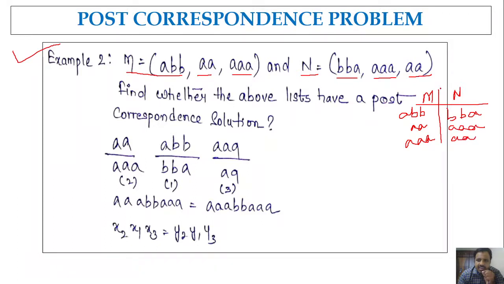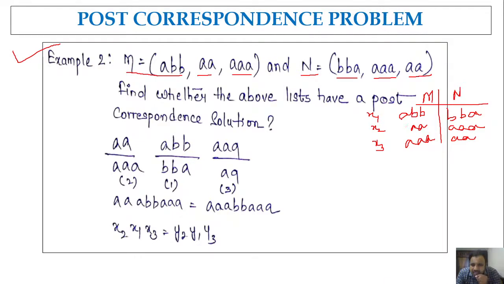What we have to do here is find a sequence such that if you organize the strings in that sequence, the strings that belong to M and N will become equal.